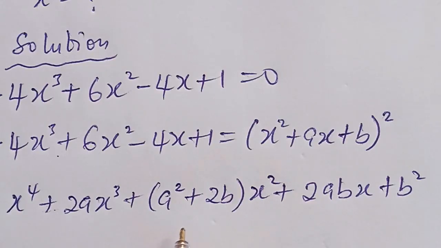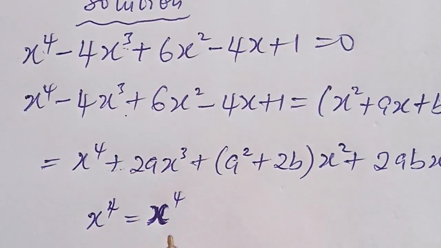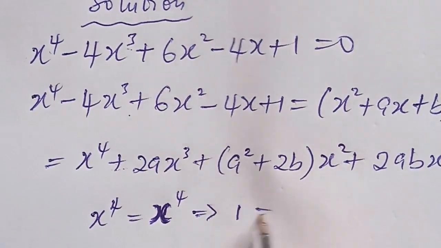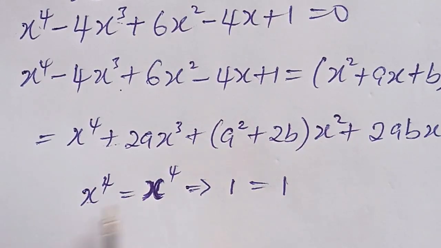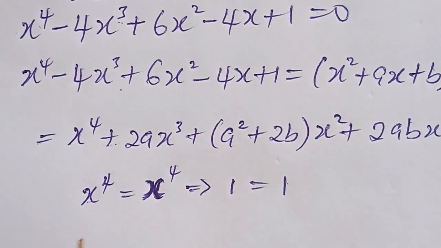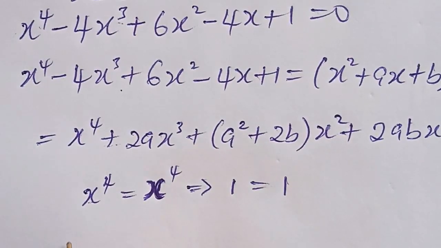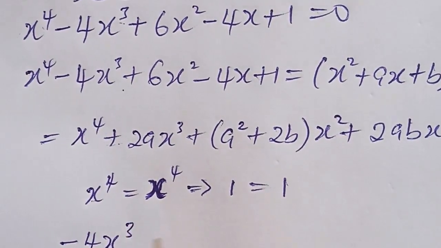So we start with the power of 4. We have x to the power of 4 equal to x to the power of 4, so this implies that 1 is equal to 1, which is their coefficient. Okay, let's go for the power of 3, where we have minus 4x cubed.